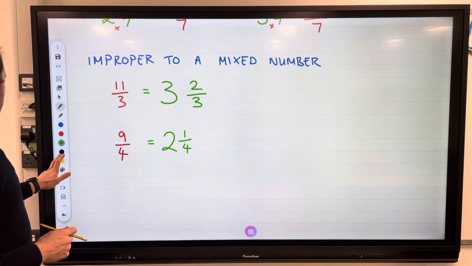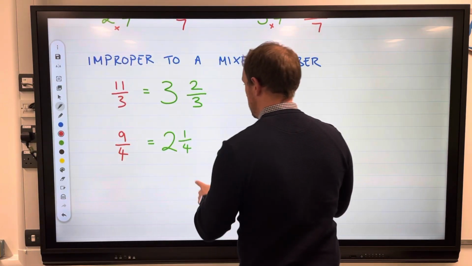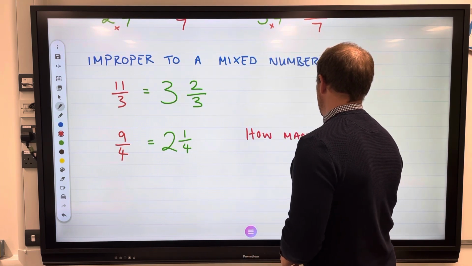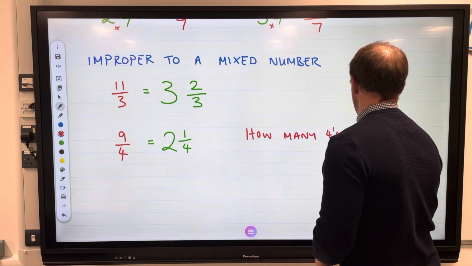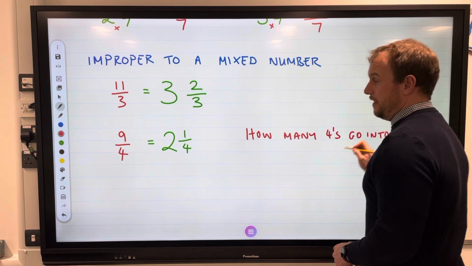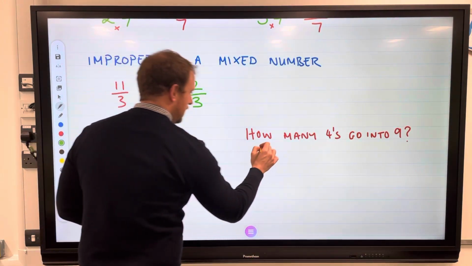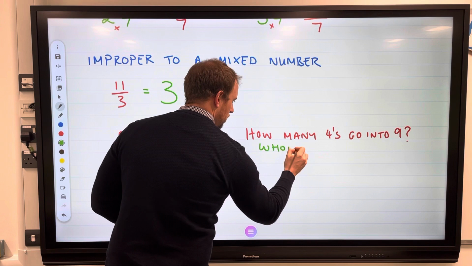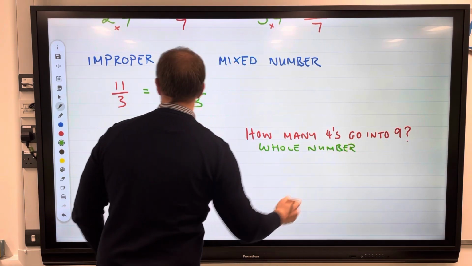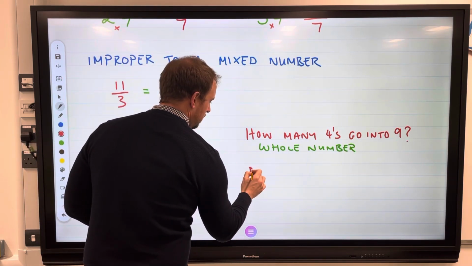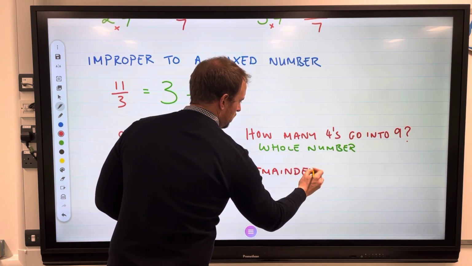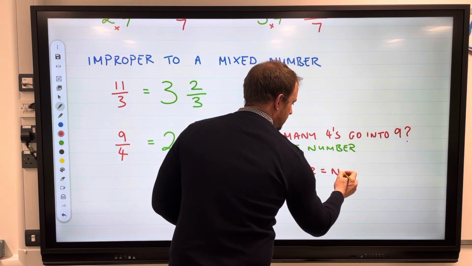So as a little note for you, let's use this one here. How many 4s go into 9? That there is my whole number. Then the remainder is my numerator, or my top number.